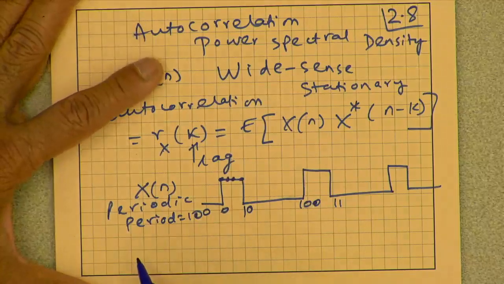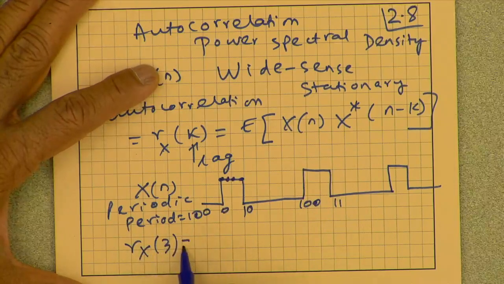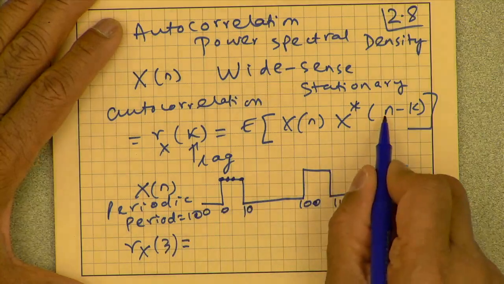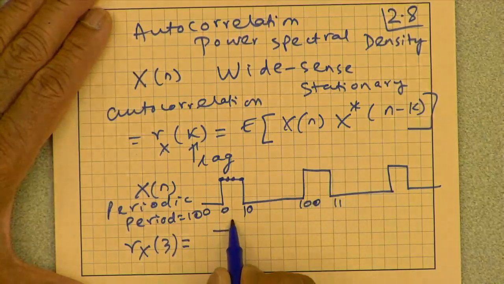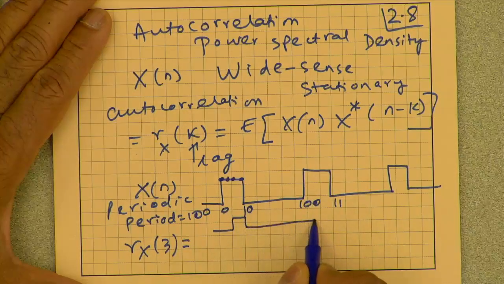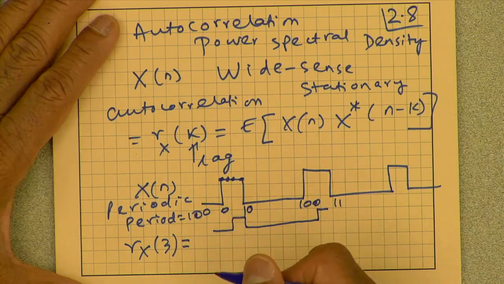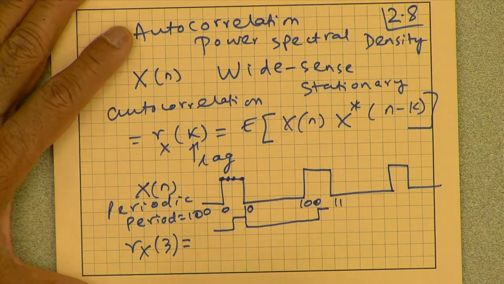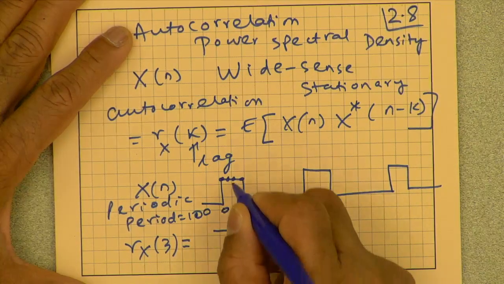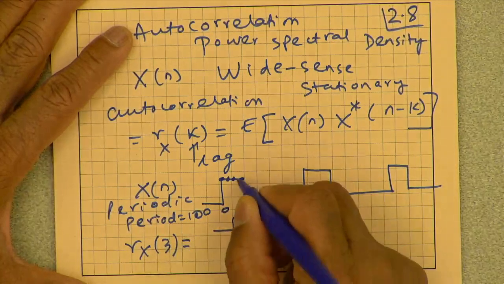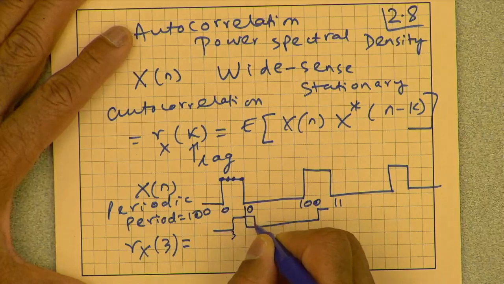Now if I want to compute Rx of lag 3, you shift this right by 3 units. If I take the expected value, I've shifted by 3, so this should be 3 to 13.